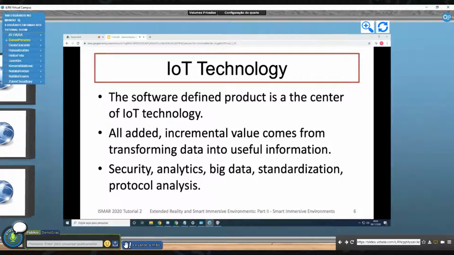And that useful information covers all kinds of aspects, from security and analytics to looking at big data, and then also standardization and perhaps protocol analysis, what happens at the wire, and how that impacts all the layers up.